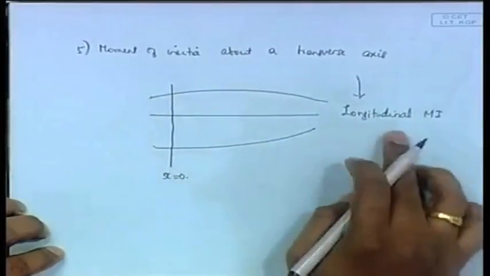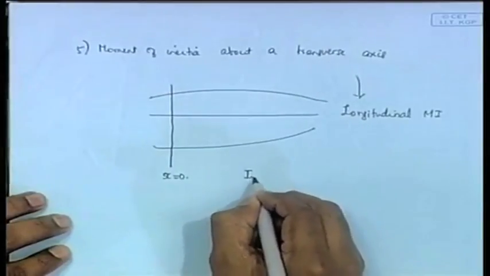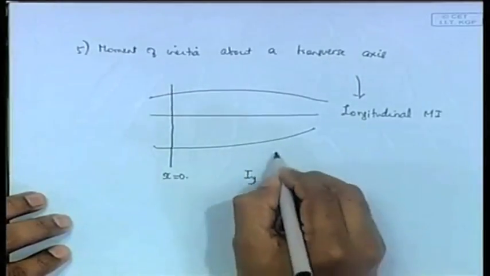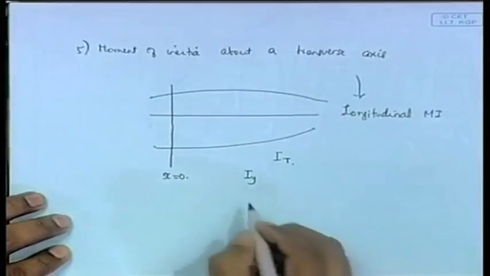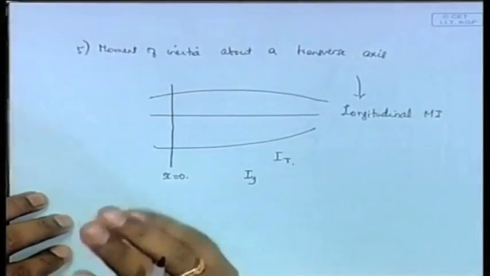That is known as the longitudinal moment of inertia, and it is usually designated as Iy. Previously it was It, this one is Iy. In all the problems that you have done, I do not think we have ever calculated a longitudinal moment of inertia.